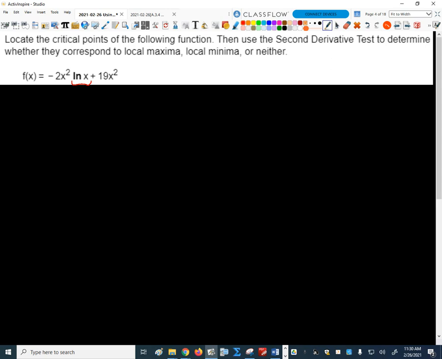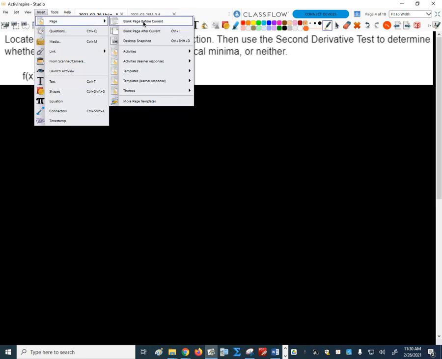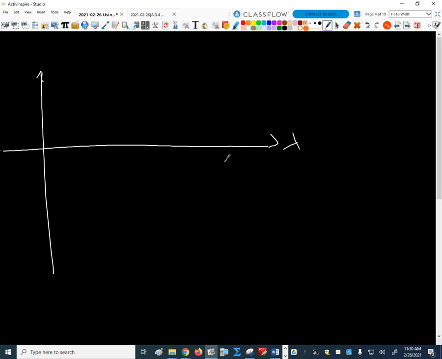We reviewed this the other day, right? A log function just looks like this. That's a log function, right? They're all going to cross at the point (1, 0).